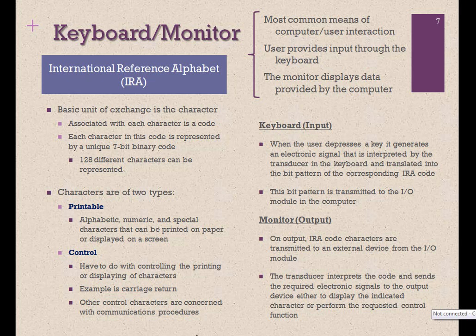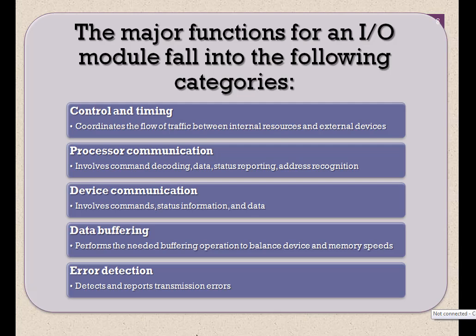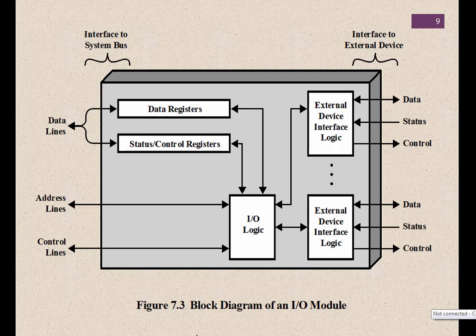On output, IRA code characters are transmitted to external devices from the IO module. The transducer interprets the codes and sends the required electronic signal to the output devices for displaying or processing. The major functions of an IO module fall in these categories: control and timing, processor communication, device communication, data buffering, and error detection.